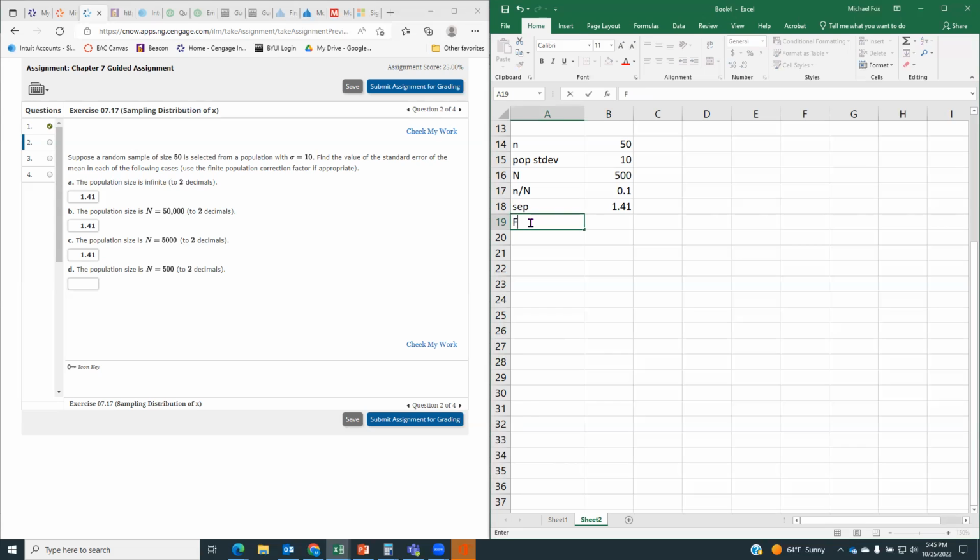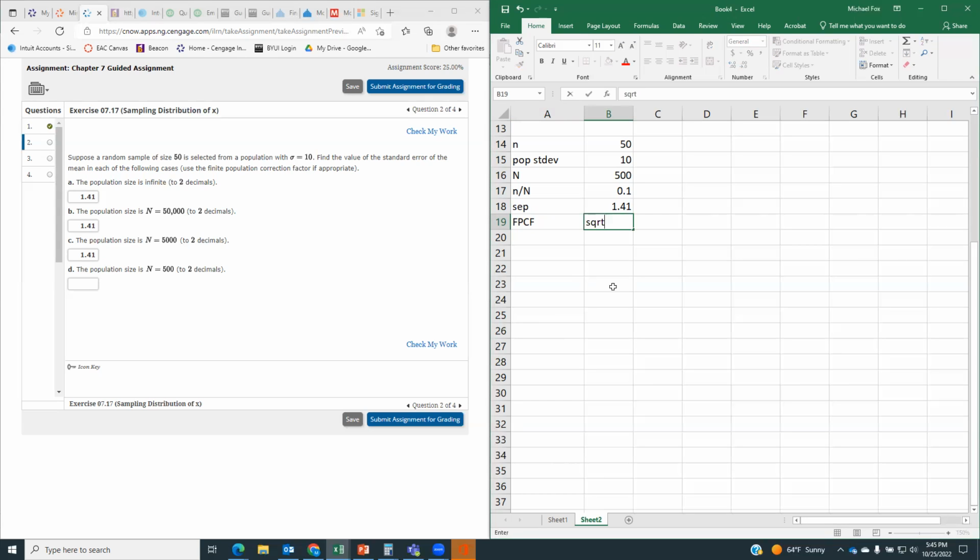I just abbreviate this FPCF. You can call it whatever you want. That's a finite population correction factor. And the formula for this, again, you can look it up in the book, but it's the square root of big N minus little n divided by big N minus 1.